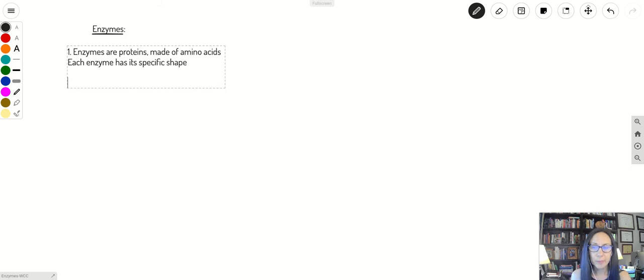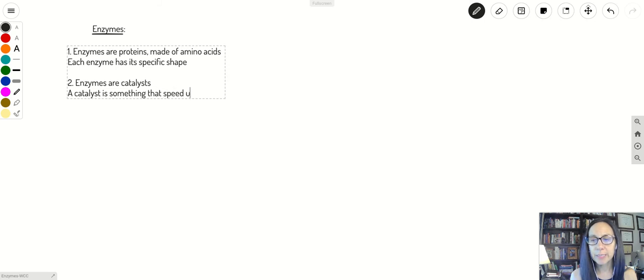Okay, so the second thing about enzymes is that enzymes are what we call a catalyst. Enzymes are catalysts. And maybe you've heard that word before, and students use this word all the time. A catalyst is something that speeds up a reaction.